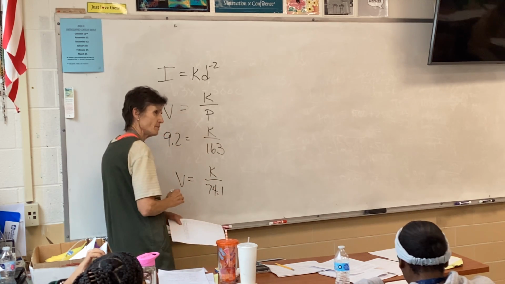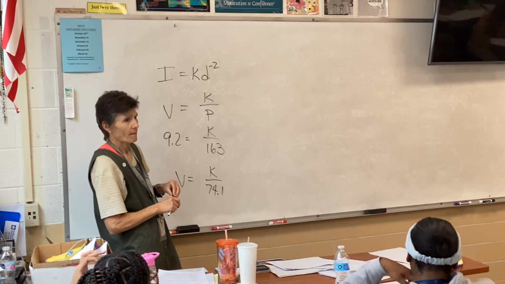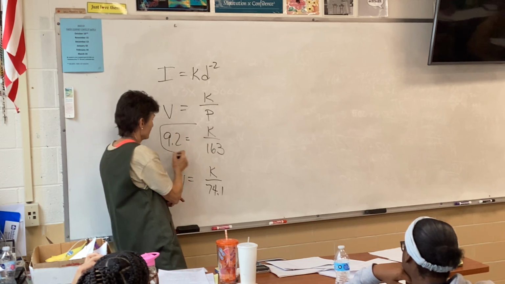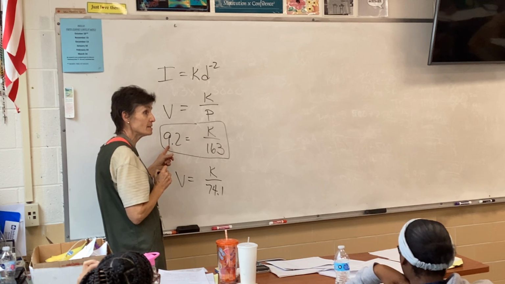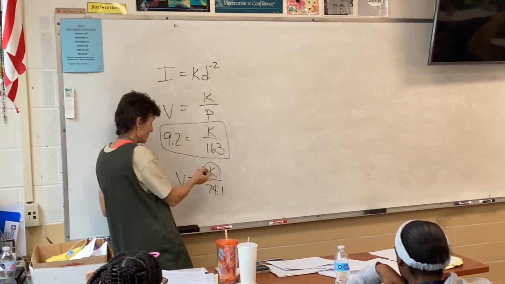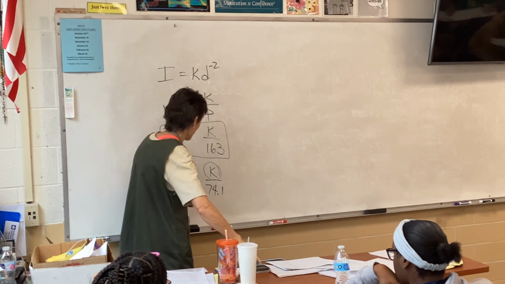Any thoughts on that? What am I going to do here? It's easy. What can I do with this equation right here? I can figure out what K is, and then once I know what K is, can I put it right there? Yeah. And then do the division and have the answer to the question.